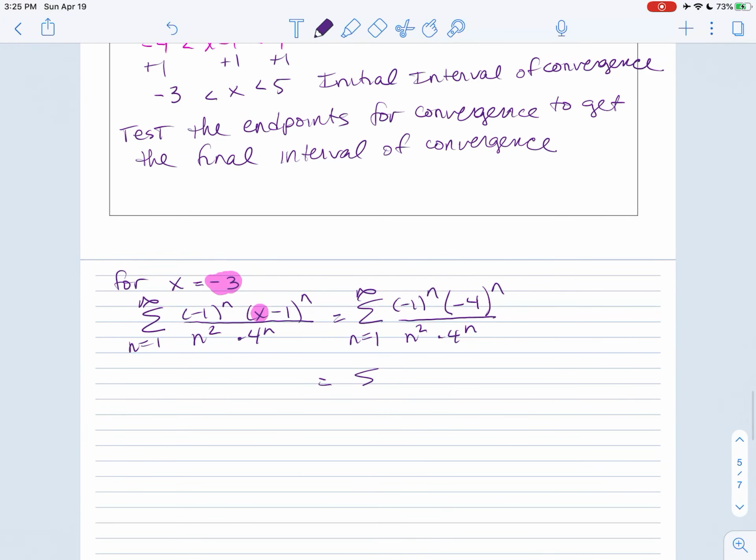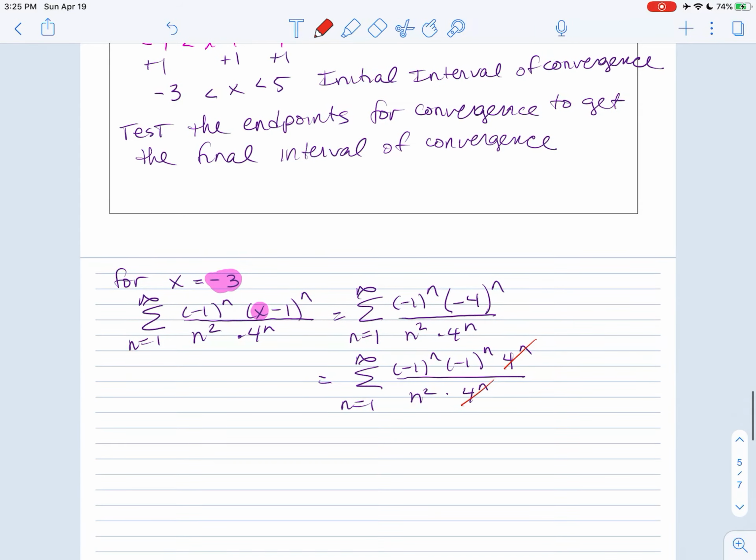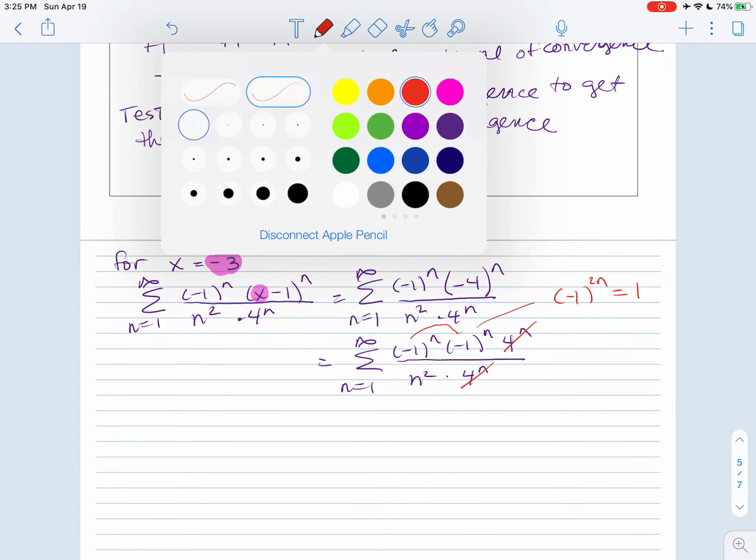And now I'm going to just manipulate that expression. I end up with the sum from n equal 1 to infinity of minus 1 to the n times minus 1 to the n times 4 to the n, just factoring out that negative 1 from the minus 4 to the n expression. The motivation behind that is for me to cancel the 4 to the n's. And I do see that negative 1 to the n times negative 1 to the n is going to be minus 1 to the 2n, which is always going to equal 1.